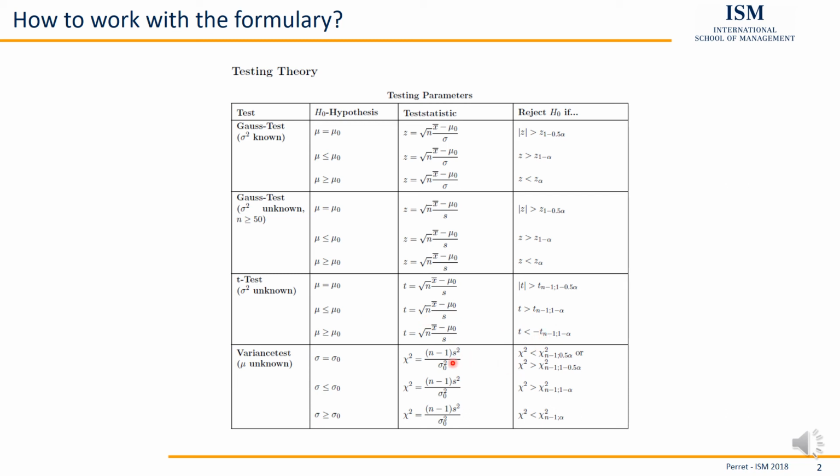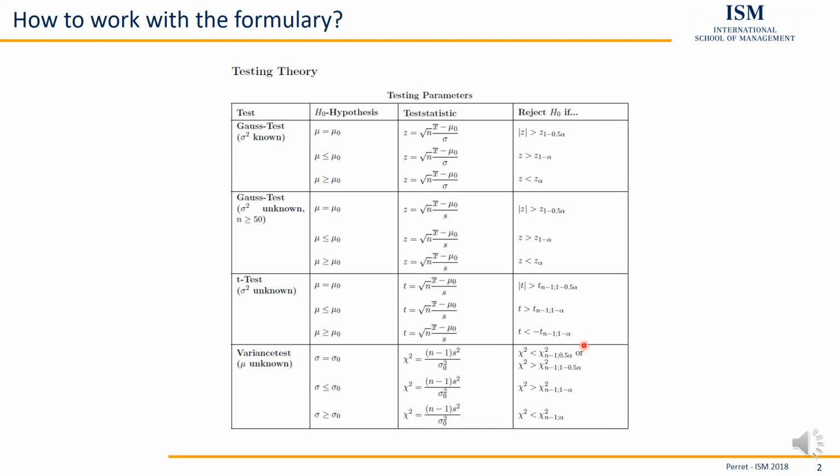However, if we look here, even for the variance test, the test statistic is exactly the same as before. And again, we only have here three cases for the test, while the last two look similar to what we had before. In the first one, we actually have two possibilities.